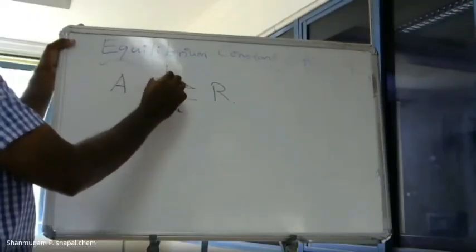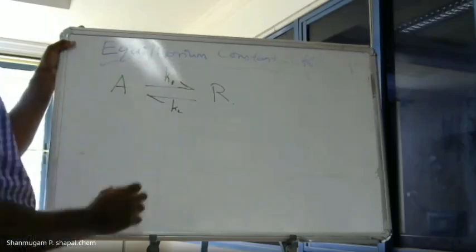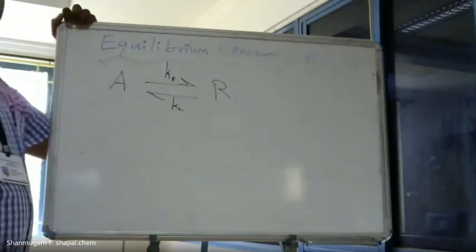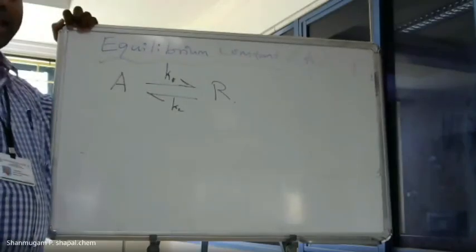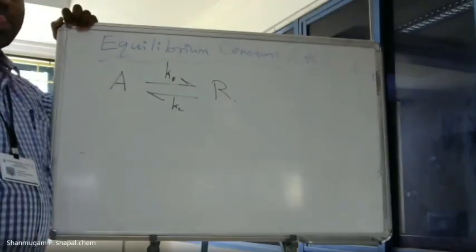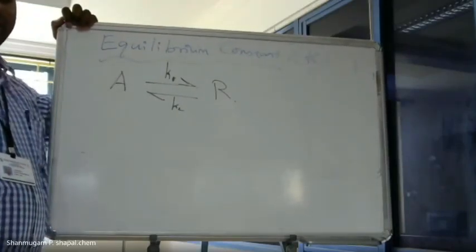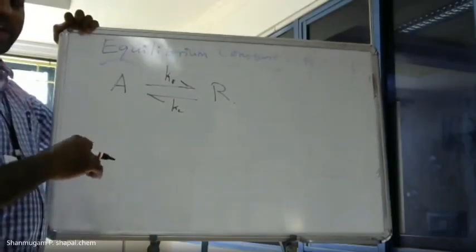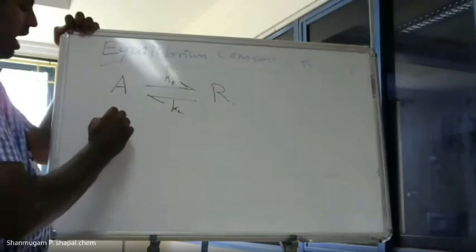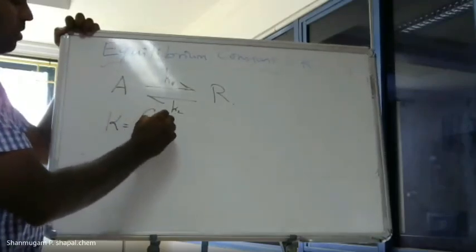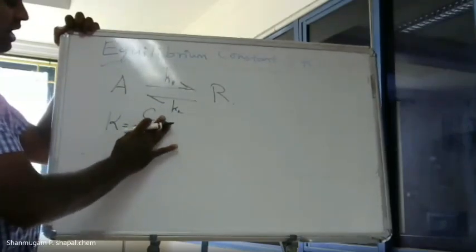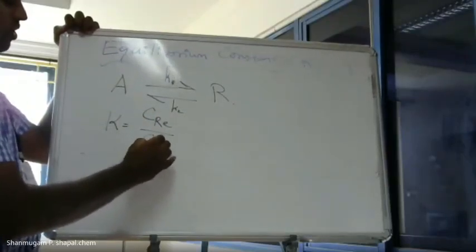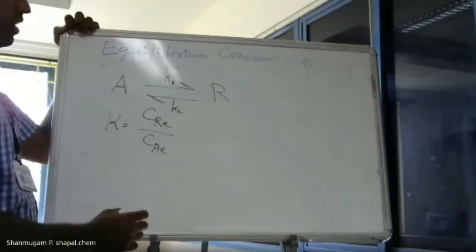Small k1 and k2. Okay. If this is the case, then how do you relate the K here? The K can be related. I mean, previously we have seen in the reversible reaction, K equal to the equilibrium concentration of the product divided by the equilibrium concentration of the reactant.